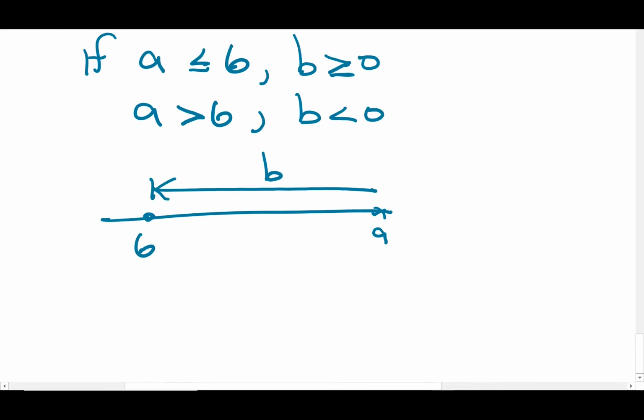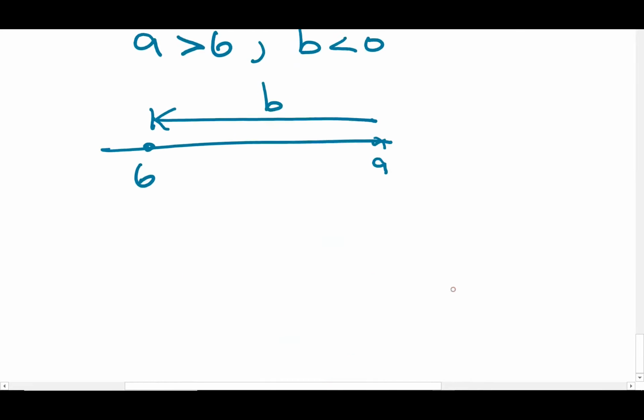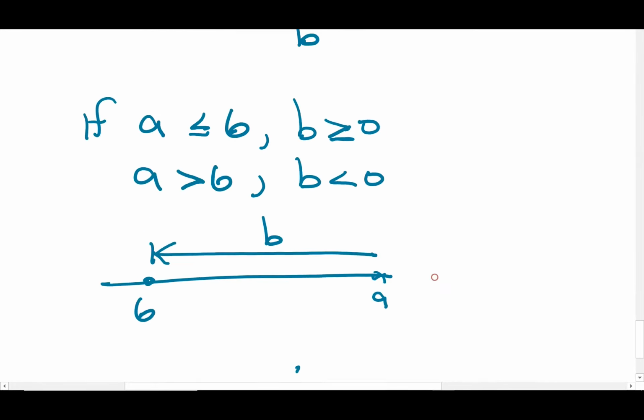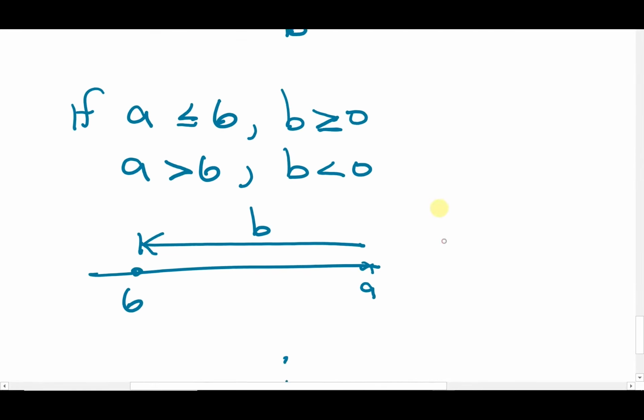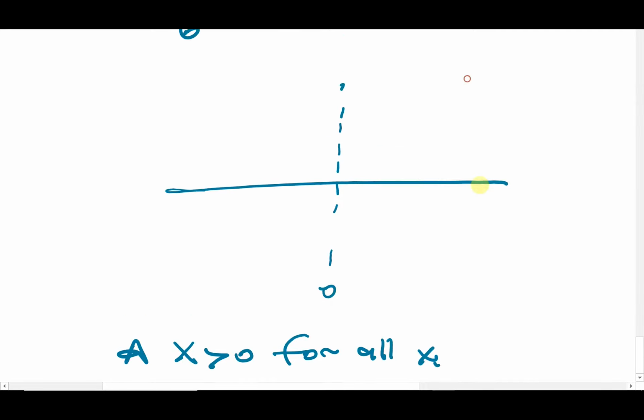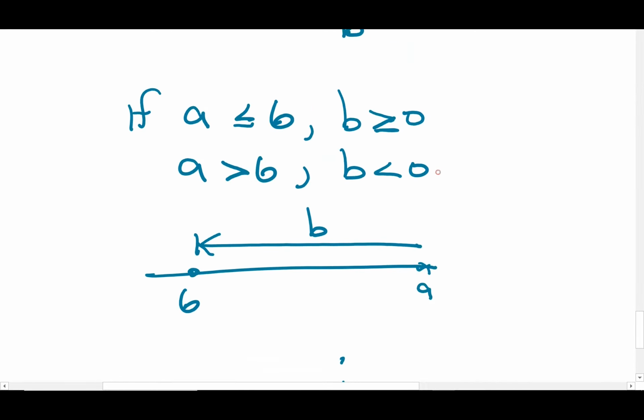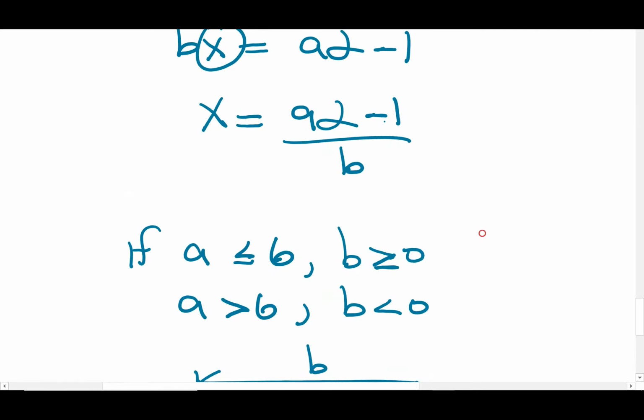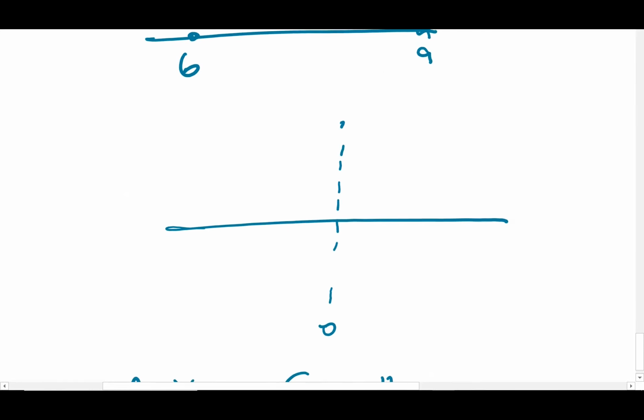So now we look at A alpha minus 1, and the x has to be positive. So the key here is we know x is greater than 0 for all x. So if b is less than 0, we know A alpha has to be less than 0. It holds true.